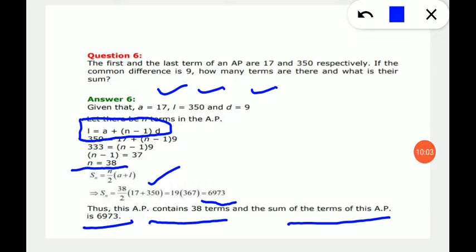We will not simply write n is equal to 38, Sn is equal to 6973. We have to write the answer in terms of words. So we will write that AP contains 38 terms and the sum of these terms of an AP is 6973.